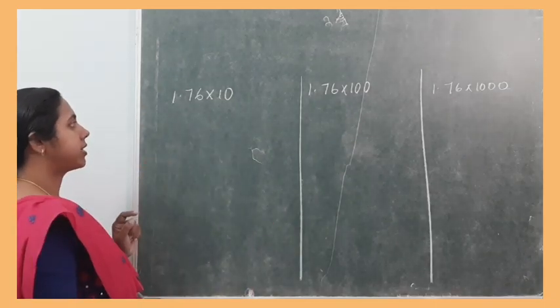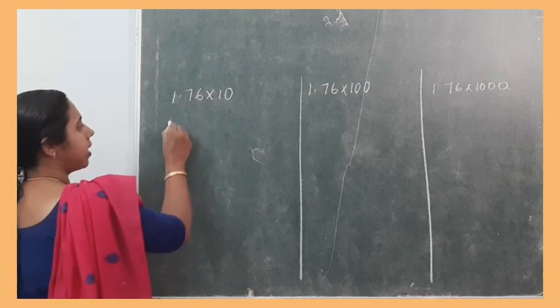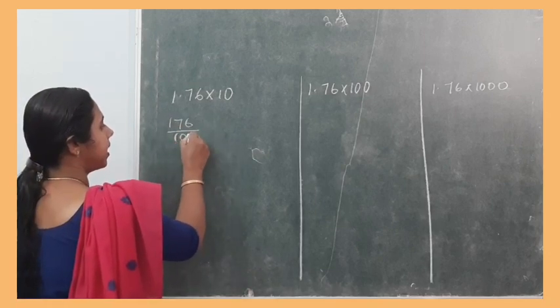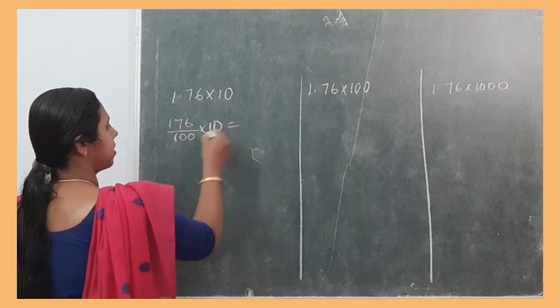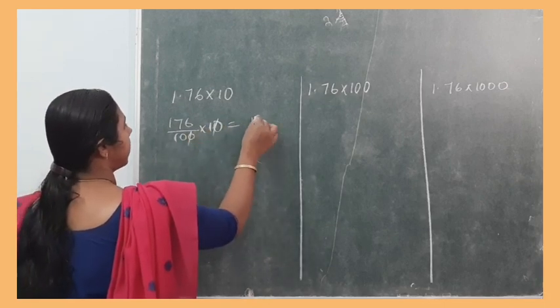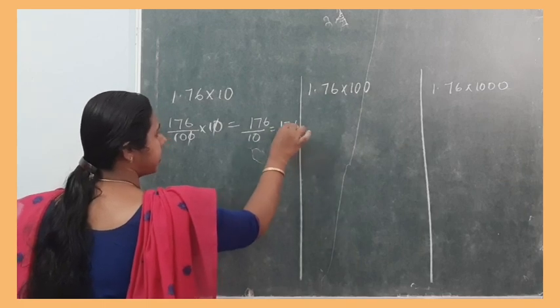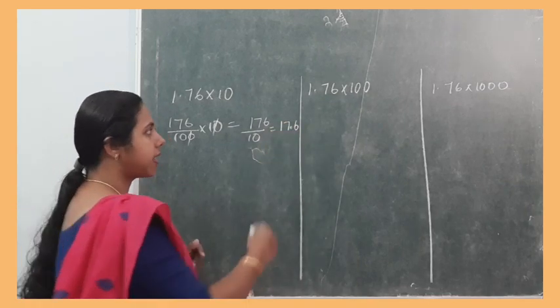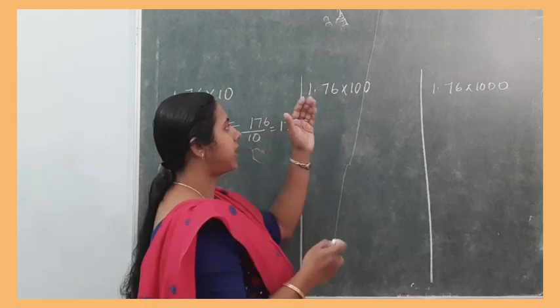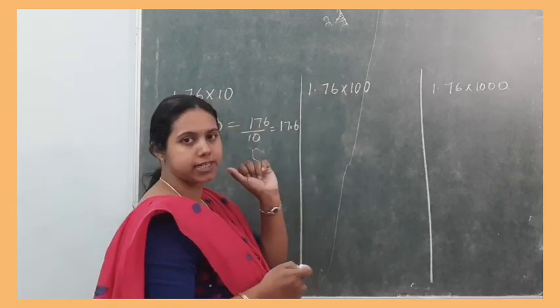This we know, 1.76 into 10 is 176 by 100 into 10, that is equal to 176 by 10, which is equal to 17.6. Is it? Same way if you multiply by 100, the same number is multiplied by 100.